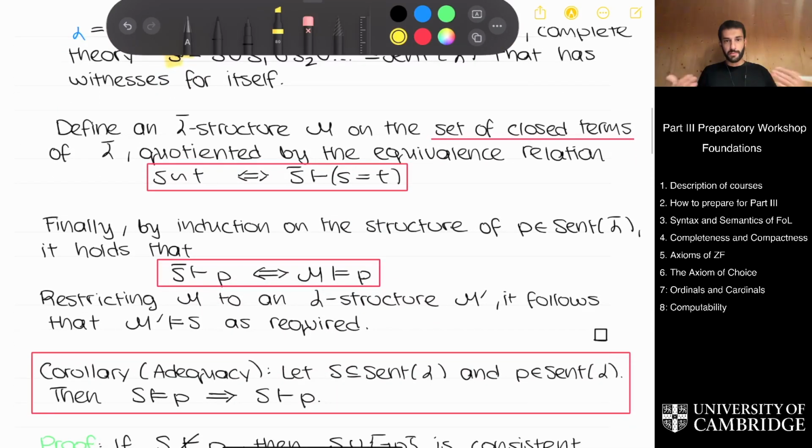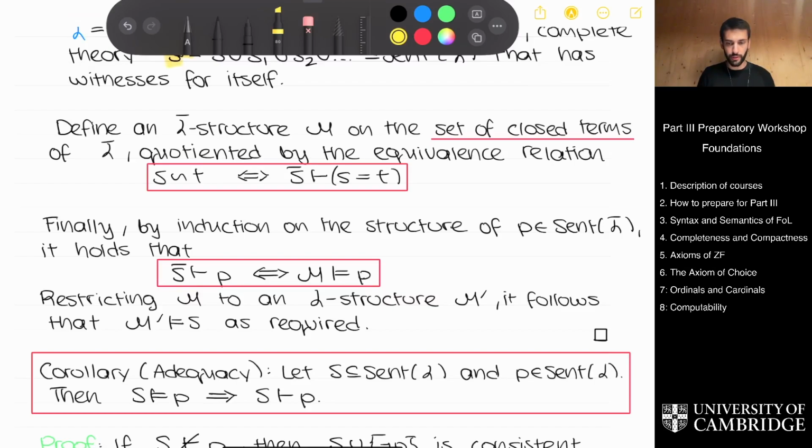Okay, so now we've expanded this language by a bunch of new constants, and we are essentially going to define a structure on the set of closed terms in this new language. Literally we take the set of closed terms in this new language.